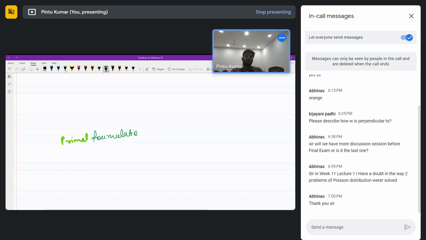Now, using Lagrange, we will convert it to its dual form. And then further simplify this using some KKT conditions. This is what we are going to do. So this is a two-step process that we are going to do.